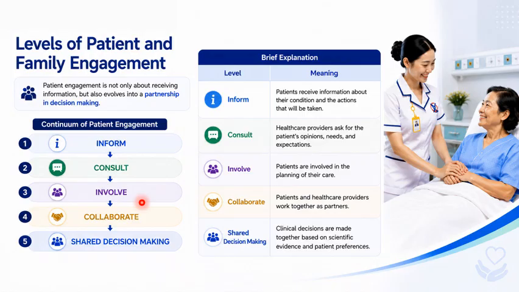To collaborate means that we plan things together, and when we make decisions, we do it together, we share the decision-making process as a group of people. This is the meaning in brief of the five levels of patient and family engagement: the first is inform, the second is consult, then involve, collaborate, and shared decision making.